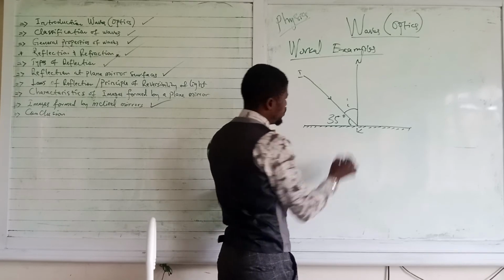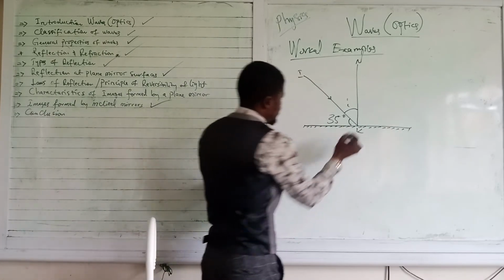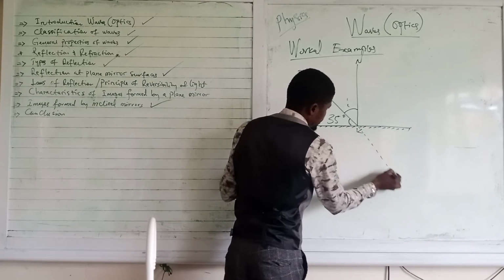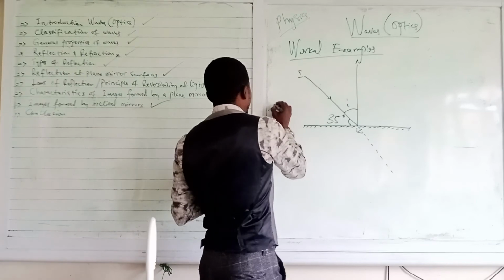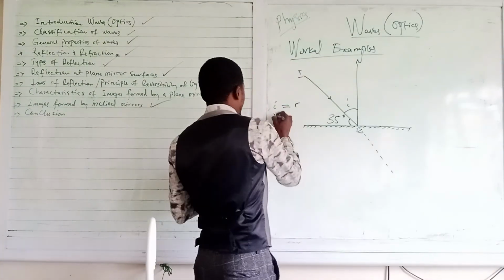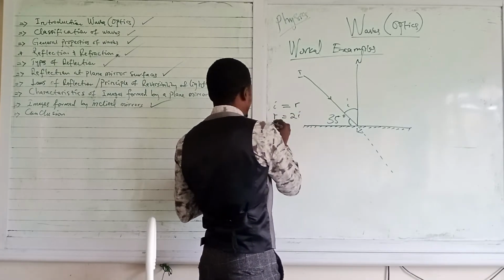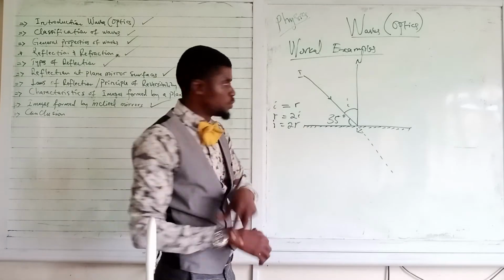Remember, I told you that if there's no plane mirror here, this incident ray is supposed to move straight down. And then from the second law of reflection, the angle of incidence is equal to the angle of reflection, so R is equal to I. Please take notes.